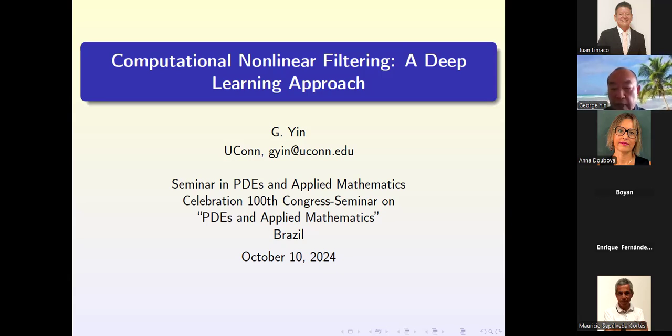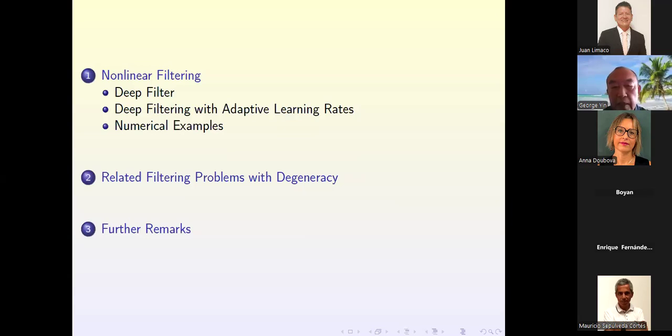What I'm going to talk about is computational nonlinear filtering, and it has some connection to deep filtering, and to the learning part. You will see that. So here is the outline of my talk. I will begin with talking about what a nonlinear filter is about.